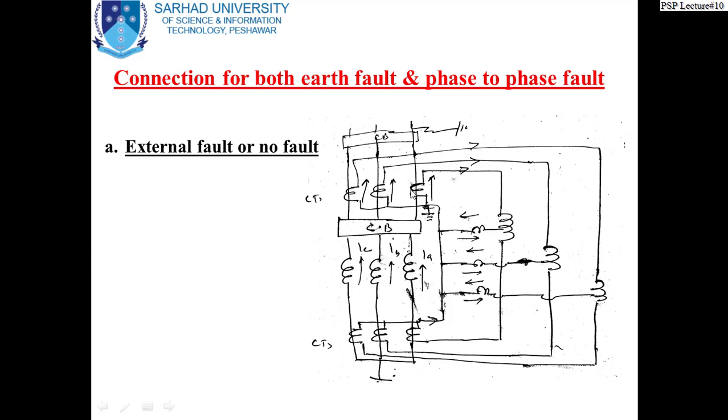Now, gentlemen, let's say we have an earth fault here. This is not an internal generator fault. It is external to the generator. So the protection which is provided for the generator will not respond to this fault. Right? See here.